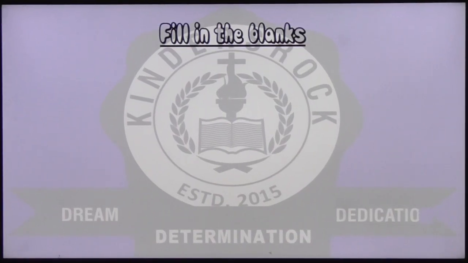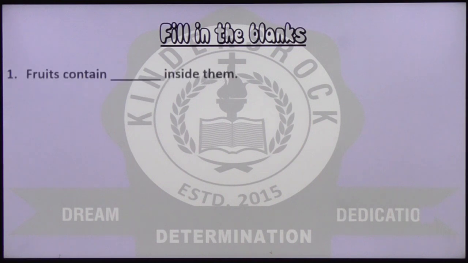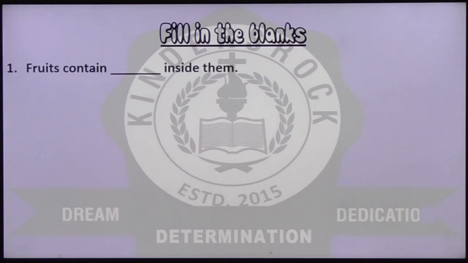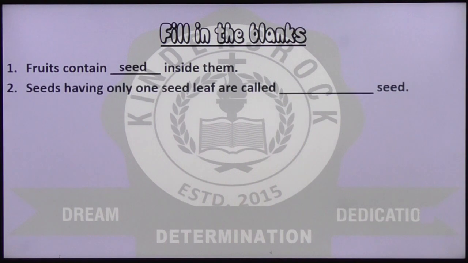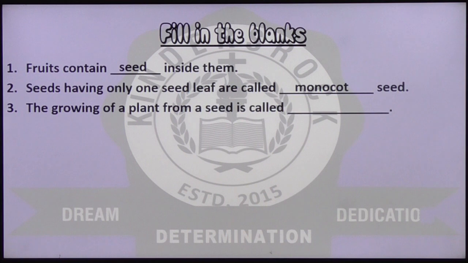Now let us look at fill in the blanks. First one is fruits contain dash inside them, seed inside them. Second one is seeds having only one seed leaf are called dash seed, monocot seed. The growing of a plant from a seed is called germination.